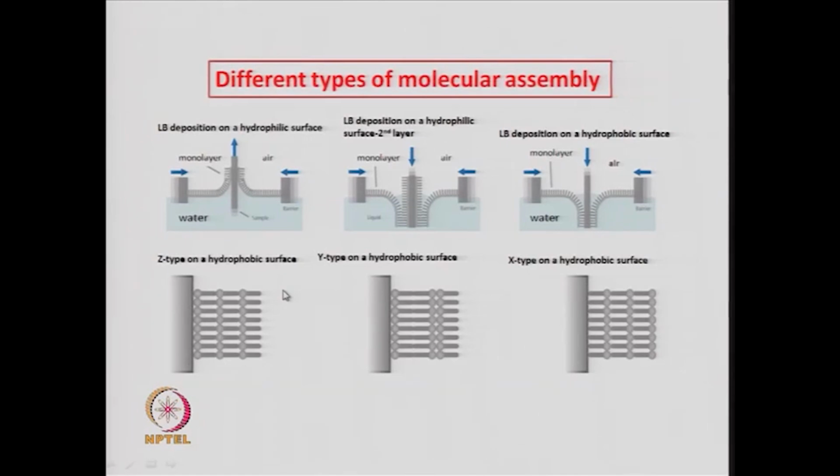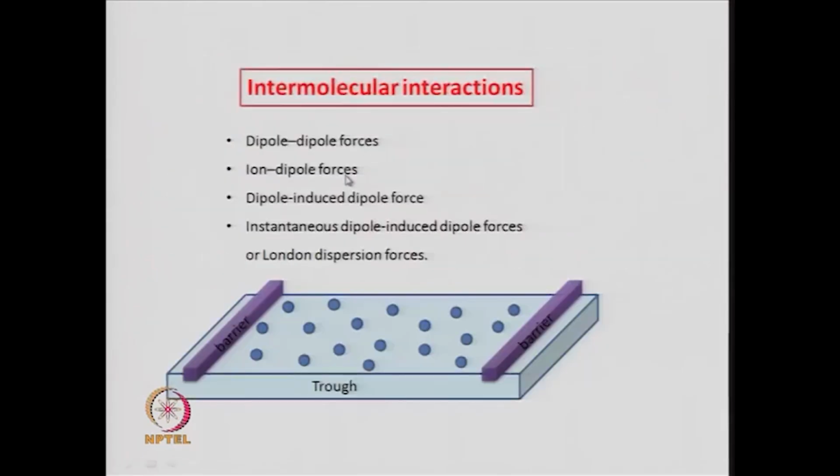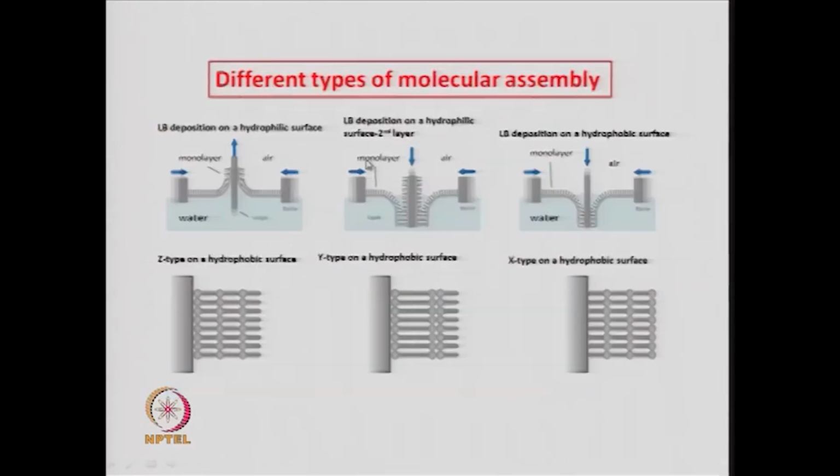So, this is again showing you different types of molecular assembly which you can achieve using the LB technique. Here, in the first case, you see there is water and you have your substrate and you are pulling out the substrate. The substrate is chosen such that you want the film to be on a particular substrate.